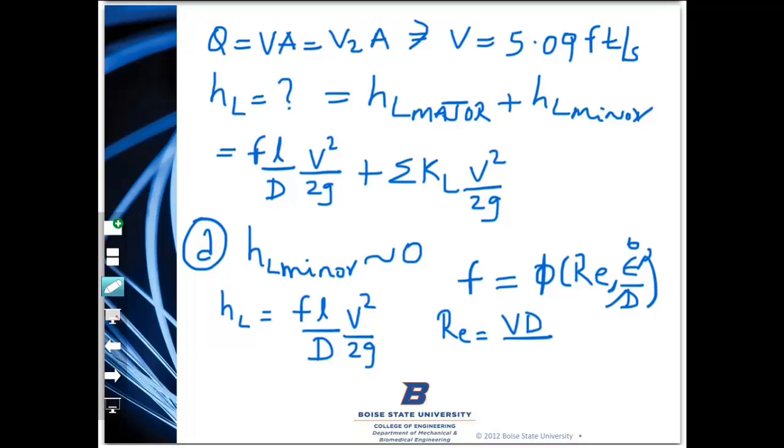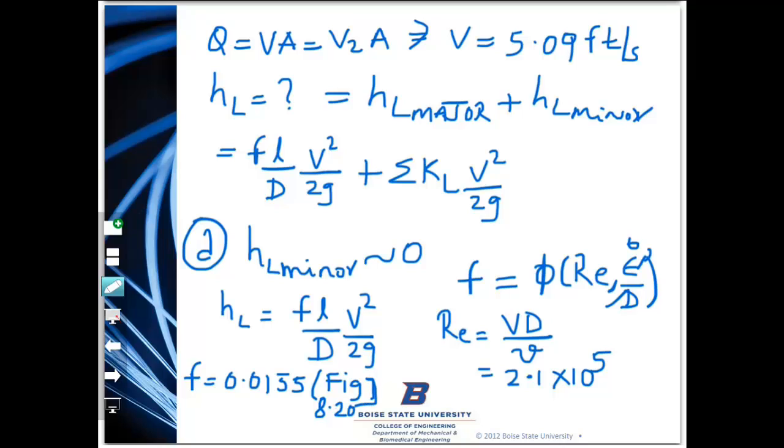You know the velocity, you know the diameter of the tube, you know the viscosity. You should get your Reynolds number as 2.1 times 10 to the 5. Once you have that Reynolds number, you can get f from the Moody diagram, which would be 0.0155. Let me write that, it's figure 8.20.